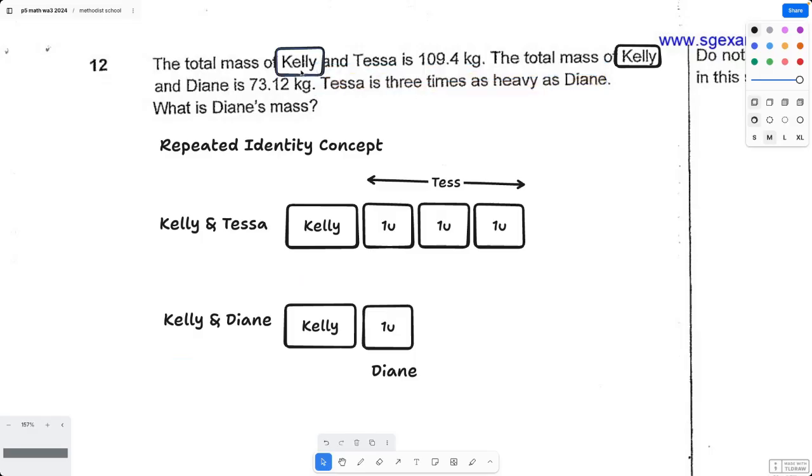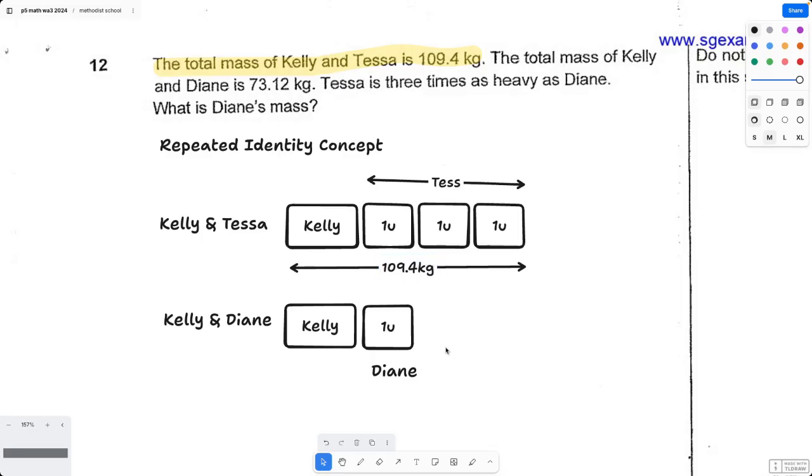Once we know this, the next part is we can actually put in the values. The first value that we want to put is that Kelly and Tessa is 109.4 kilograms.